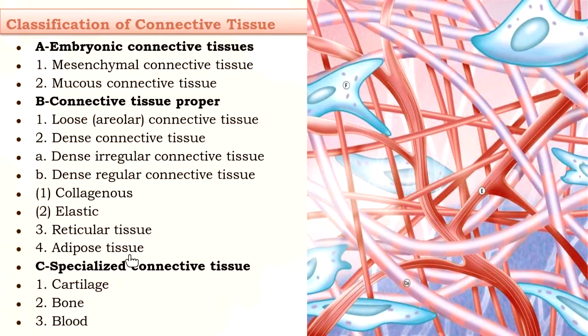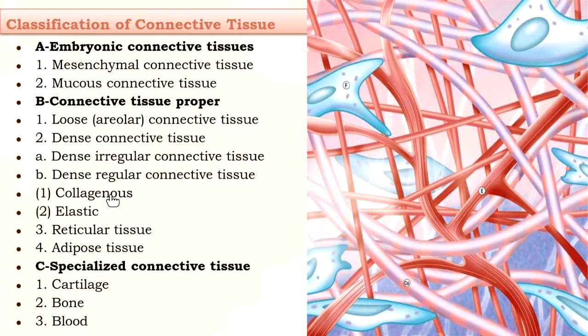The second classification is basically on the arrangement and major component. Like loose connective tissue, it will be loosely arranged. Dense connective tissue, it will be densely arranged. When we talk about dense, regular, collagenous connective tissue, that means the component collagen fiber will be more in this.